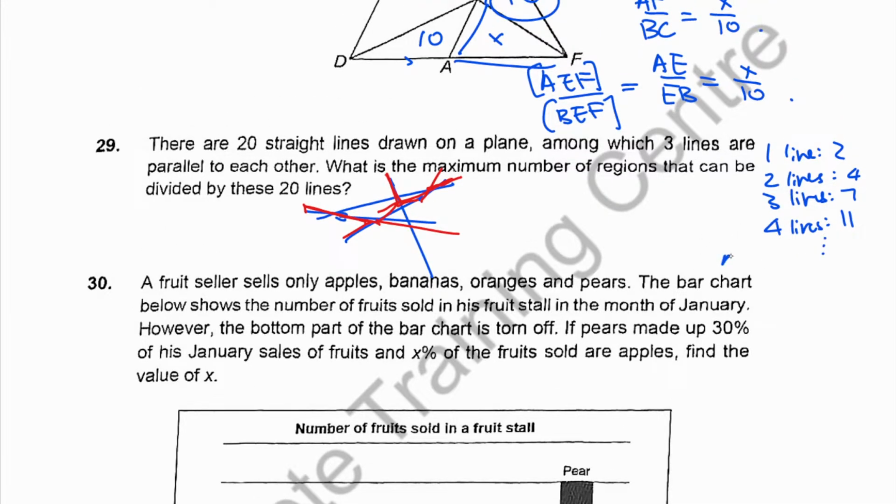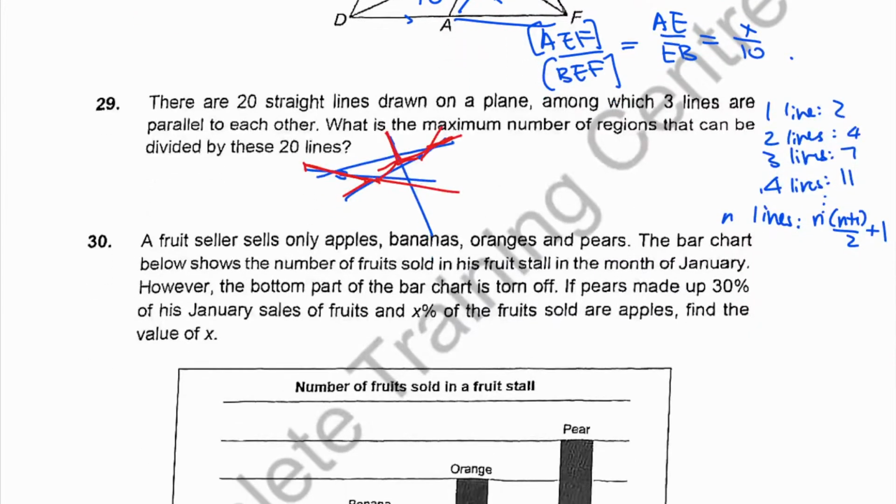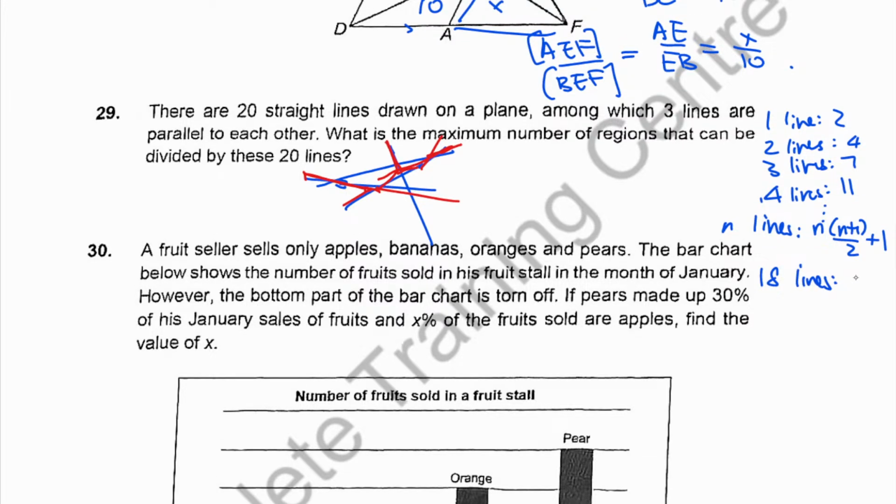So dot dot dot, n lines will give you n times n plus 1 over 2 plus 1, right? So it's like 1 plus 1 plus 2 plus 3 plus 4 all the way until plus n. Then what happens for 18 lines? So 18 lines will give you 18 times 19 over 2 plus 1.